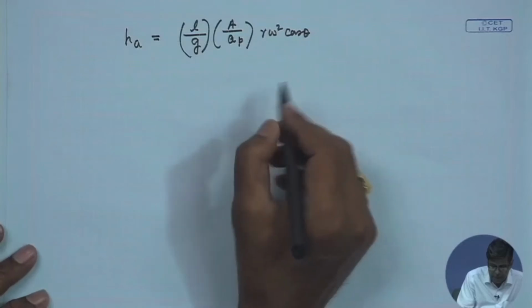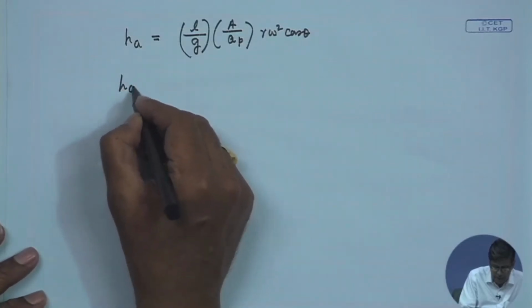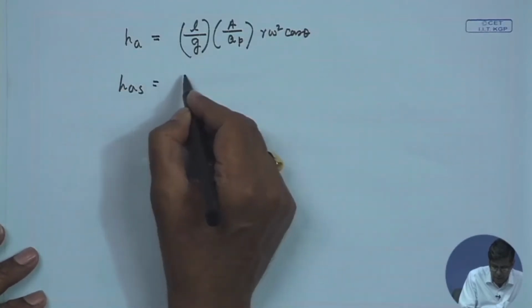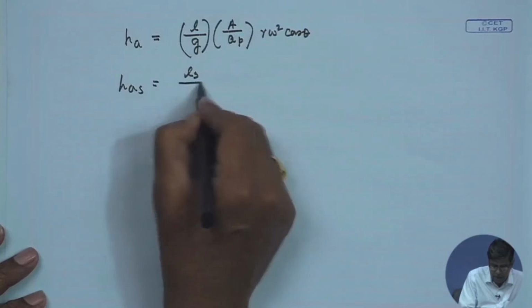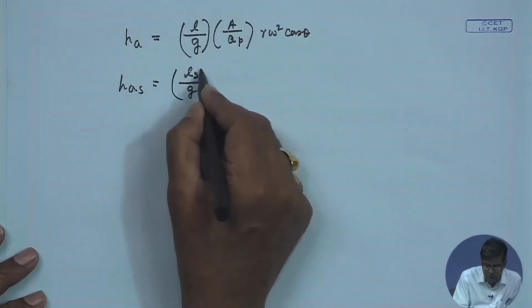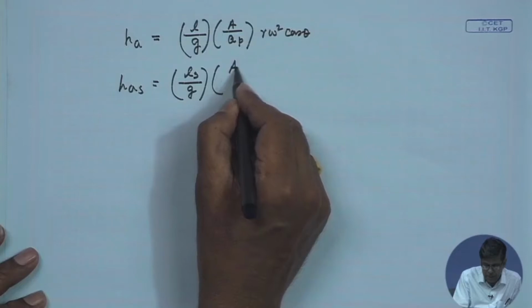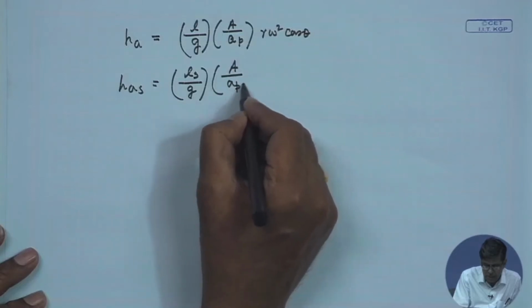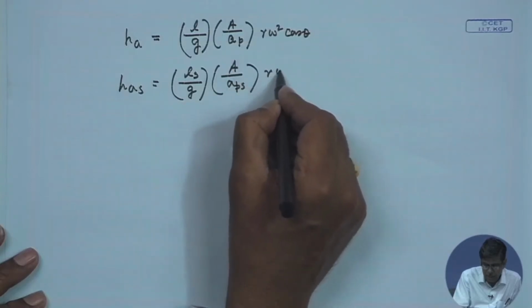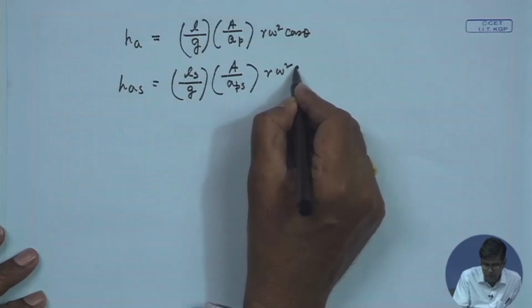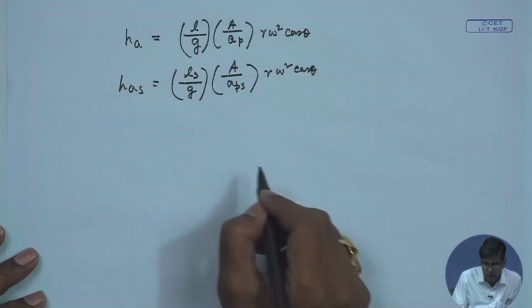Now, in the suction line, similarly, head can be represented with the length of the suction pipe. So, a subscript will make the differentiation. This is the area of the cylinder, this is the cross sectional area of the pipe, cos theta.